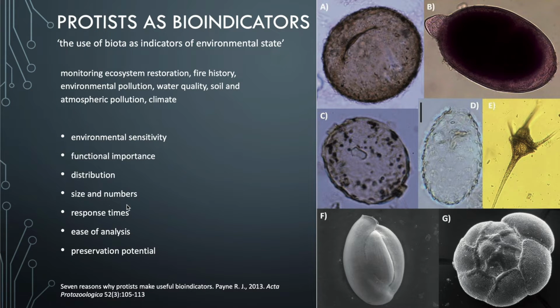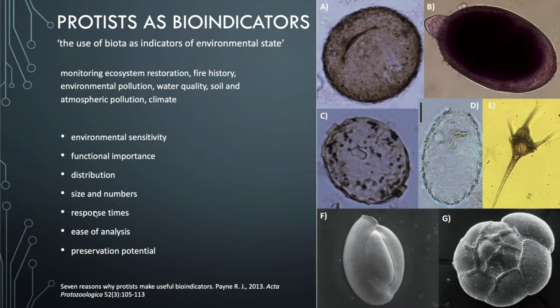Their size and numbers are wonderful because they're tiny in size, so that makes them easy to collect and easy to monitor. And as well, being ubiquitous and being present in large numbers allows us to easily implement them as bioindicators. They have a very quick response time, so their population growth is very rapid.